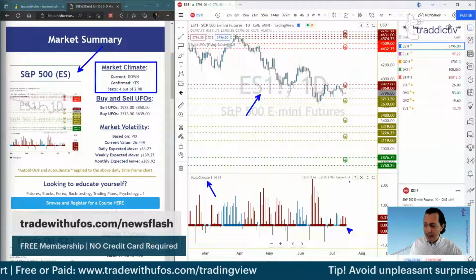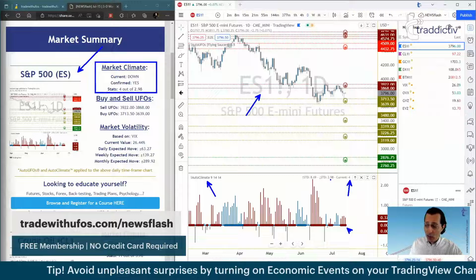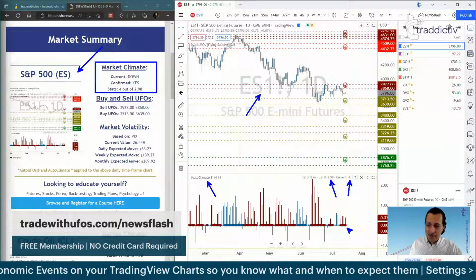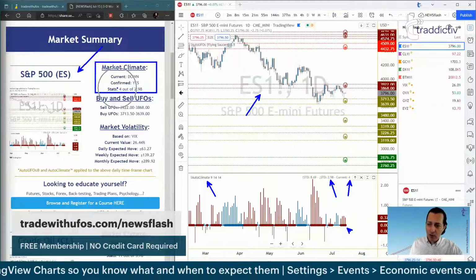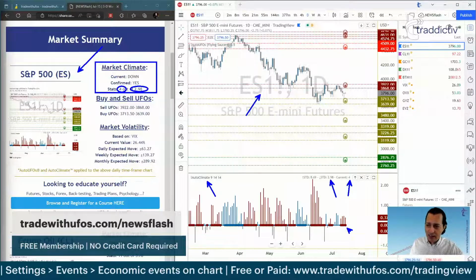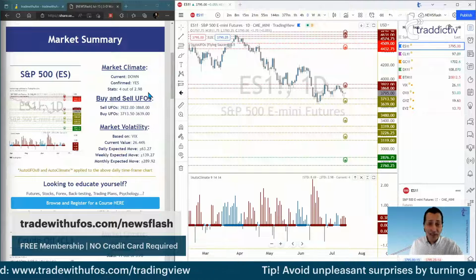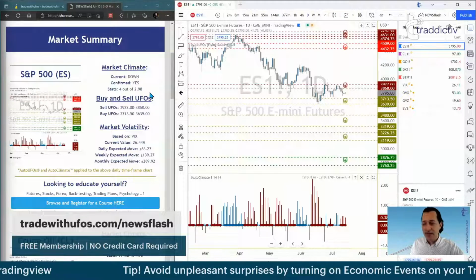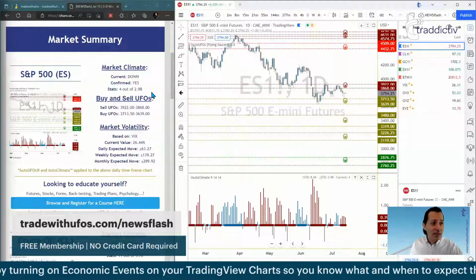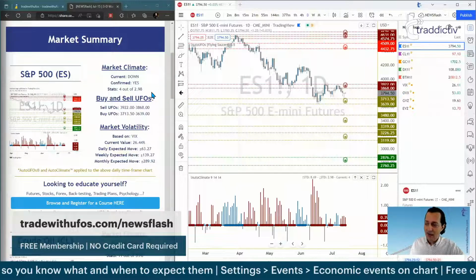And this climate has been running for 4 days, out of what statistics would call a normal duration, one standard deviation, of 2.98. So in other words, we've been running 4 out of 2.98. We have just surpassed today the statistical duration of a normal climate, and now we are entering into an overextended, overlasting type of condition.